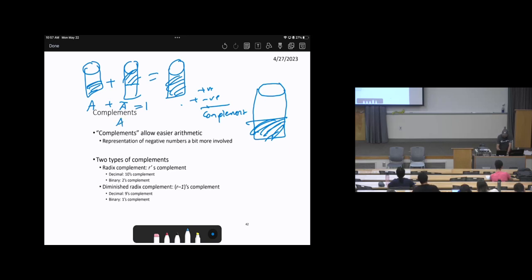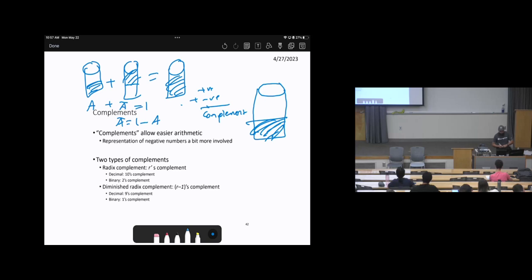Therefore, the complement A bar will be 1 minus A. This is what we call a complement. So the complement can be used to represent the negative number.